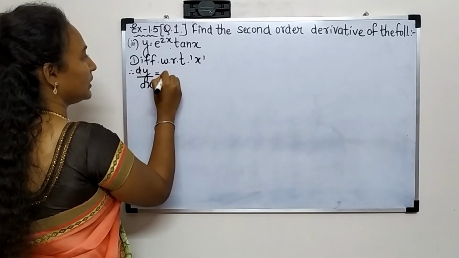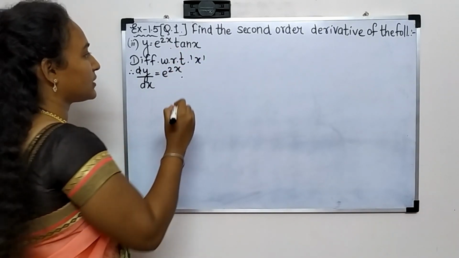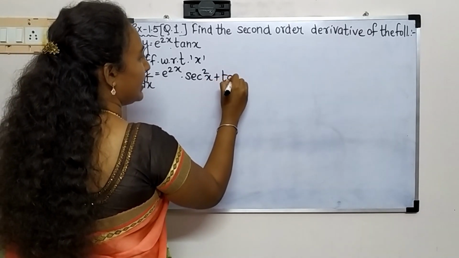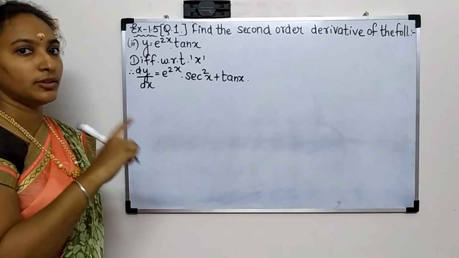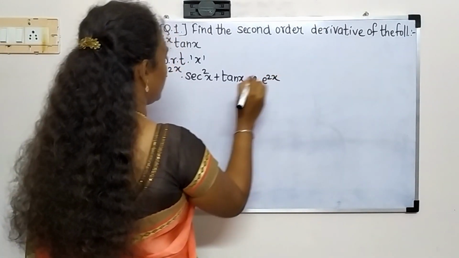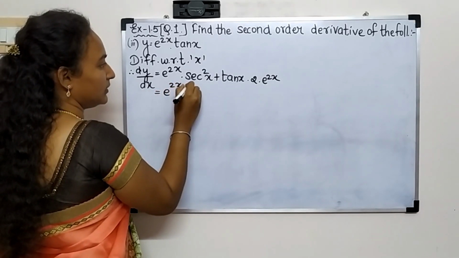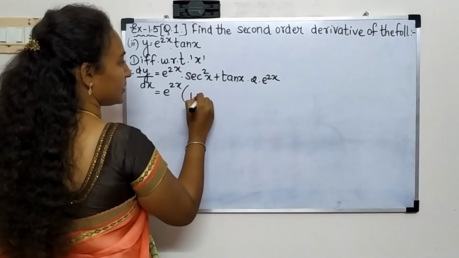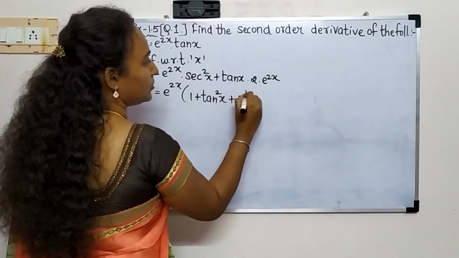Therefore, e power 2x and the derivative of tan x is sec square x, plus tan x multiplied with the derivative of e power 2x, which is 2 into e power 2x. So this is equal to, take e raised to 2x common and convert this sec square x into 1 plus tan square x. So this is 1 plus tan square x plus 2 tan x.